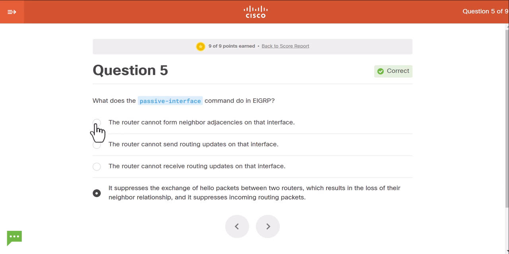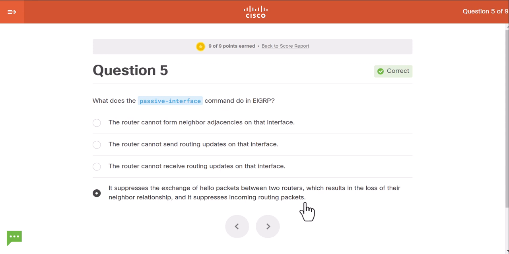Well, I don't see how this is much different from the router cannot form neighbor adjacencies on that interface. Maybe only this last part here, that it suppresses incoming routing packets. Could it be that someone would think that without a neighbor relationship, the router might still accept some routing information or packets with some routing information?